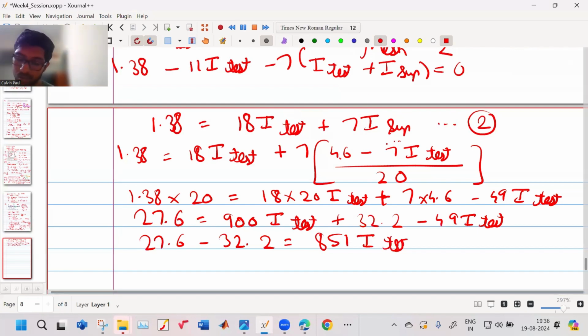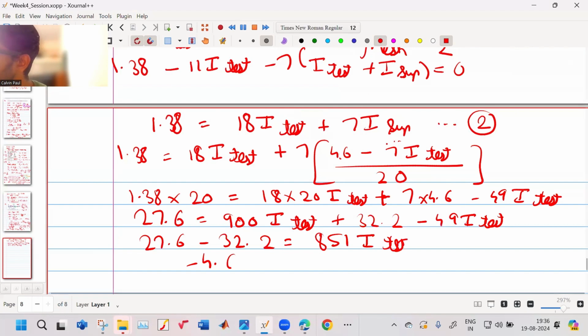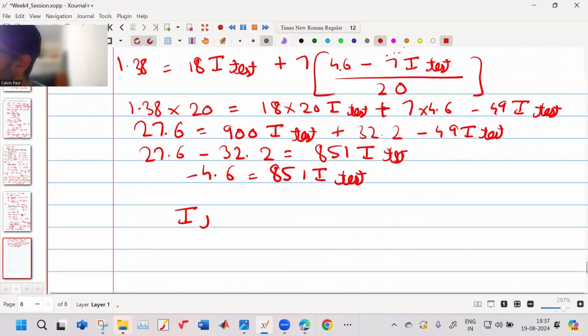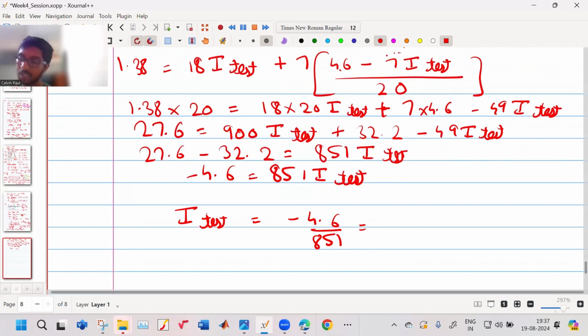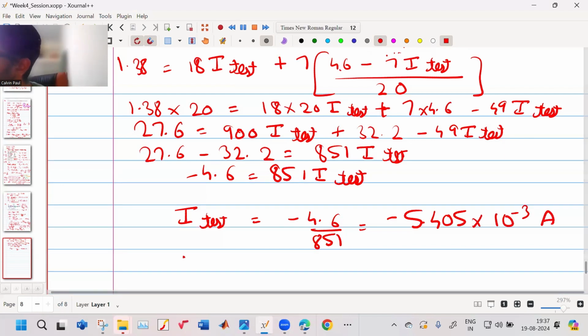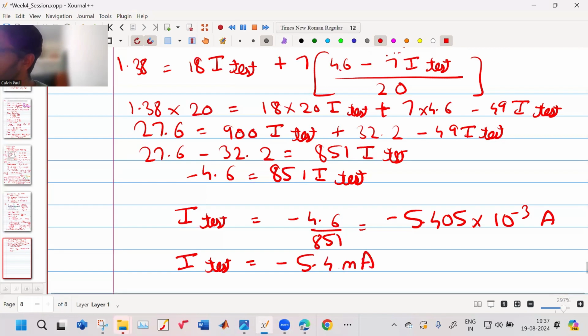This becomes 27.6 minus 32.2, it is minus 4.6 is equal to 851 I test. Okay. So your I test is equal to minus 4.6 upon 851. So that comes out to be minus 5.405 into 10 to the power minus 3 ampere. So your I test comes out to be equal to minus 5.4 milliampere. Okay.